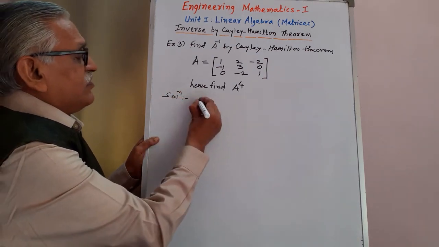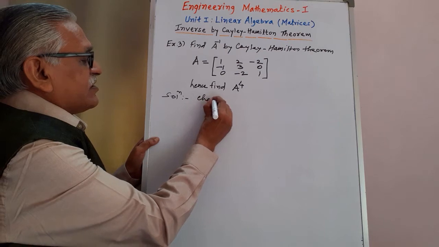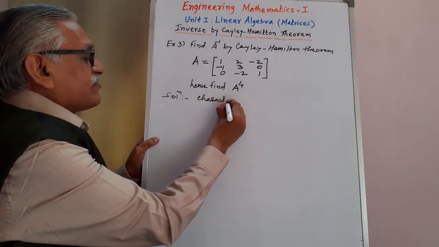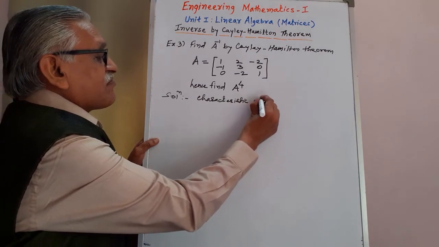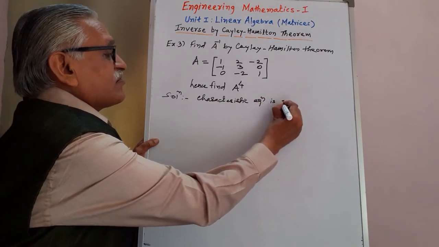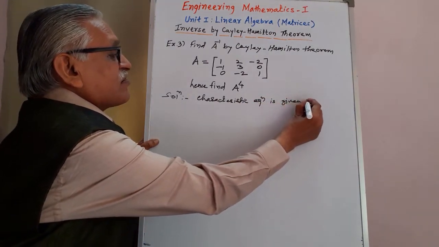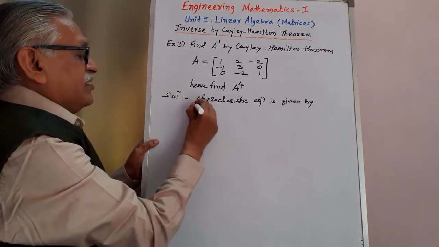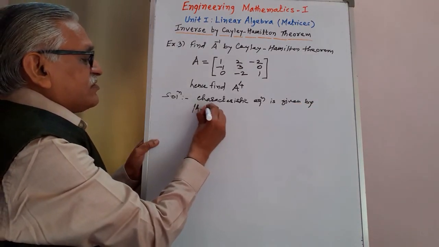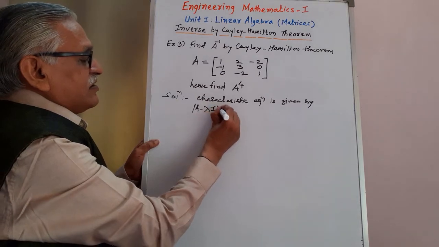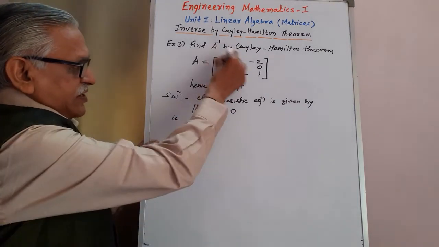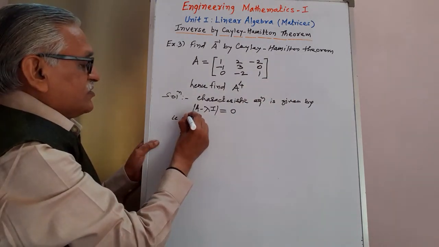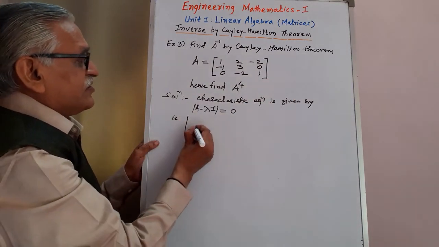Step number 1, we have to find out the characteristic equation. Determinant of A minus lambda I equals 0, that is subtracting lambda from the diagonal to get this determinant.